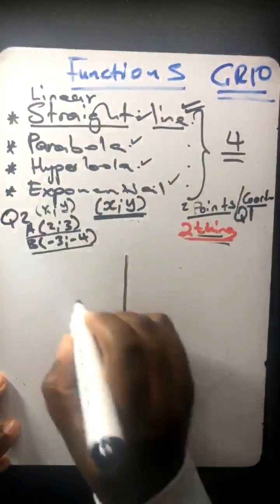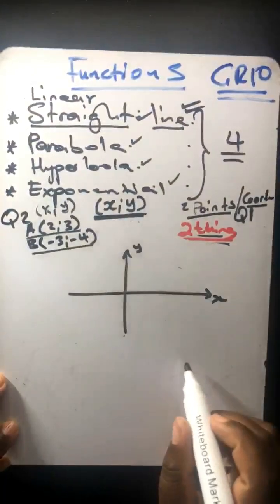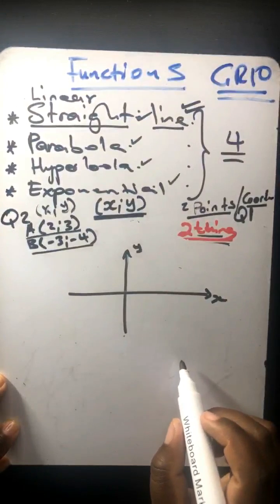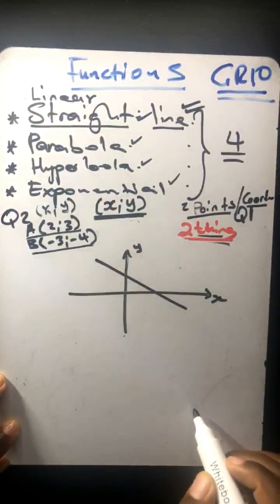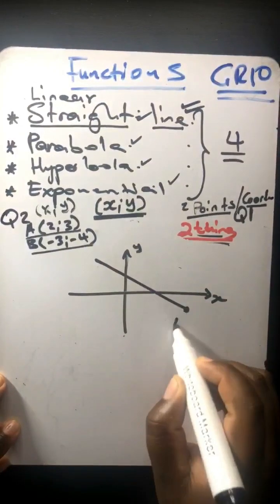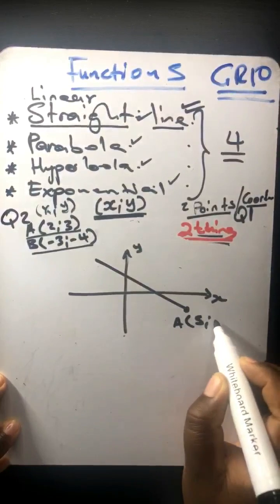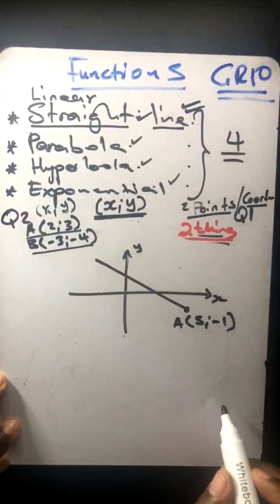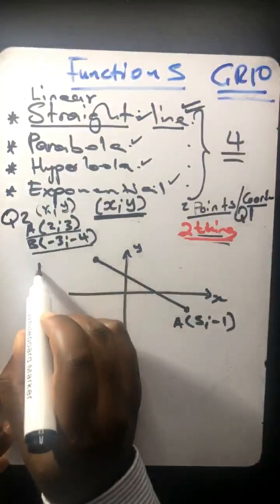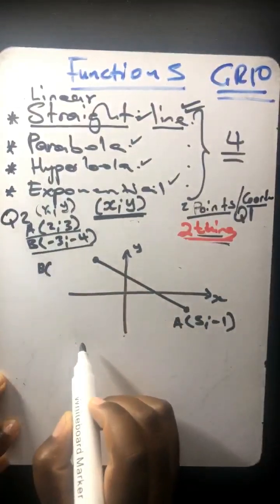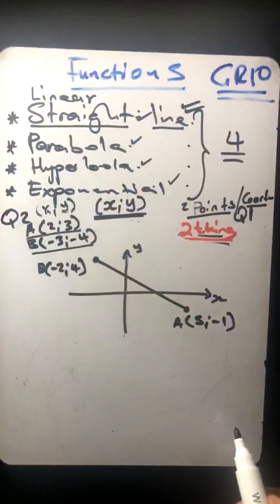So obviously, first things first, a Cartesian plane having the x and the y axis. Let's say you have a straight line similar to that. You are given maybe this point, point A, where x maybe is 5, and y is -2. And then you're given another point, let's say point B, where x is -2, and y, let's say, is 4.